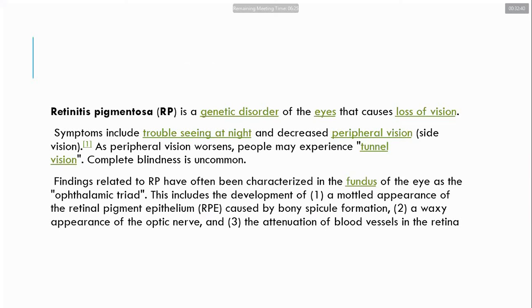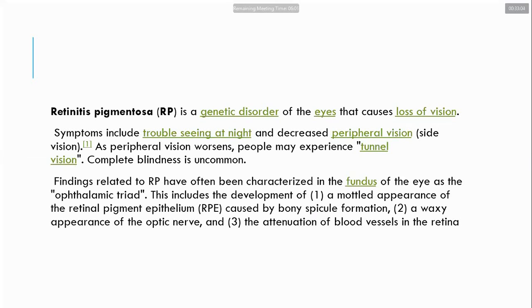Findings related to retinitis pigmentosa have often been characterized in the fundus of the eye as an ophthalmic triad. That is the mottled appearance of the retinal pigment epithelium, called bony spicules formation. All the black patches which you will see in the periphery are called bony spicules. This is the hallmark of retinitis pigmentosa.